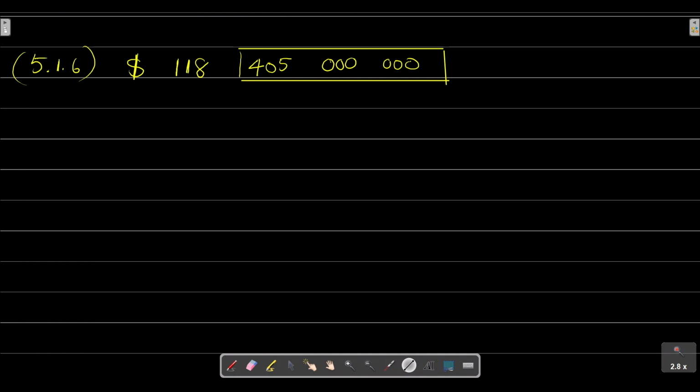So it's 1, 2, 3, 4, 5, 6, 7, 8, 9. Then 405 million. We've written the 405. After the 5, because it's a million, you need to have 6 zeros after the comma. So it's 1, 2, 3, 4, 5, 6.